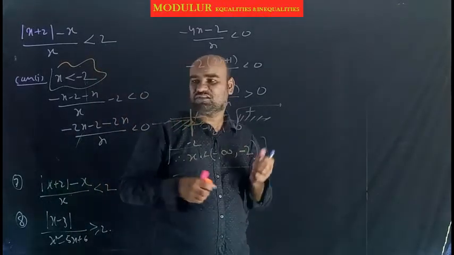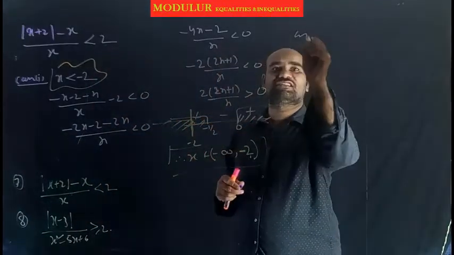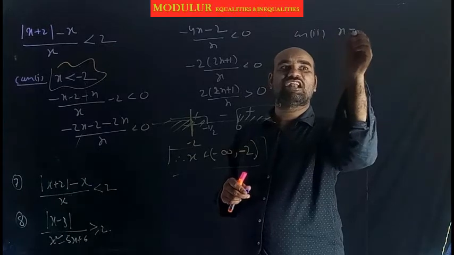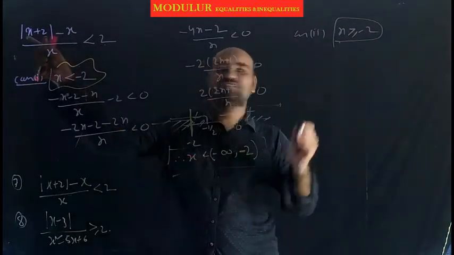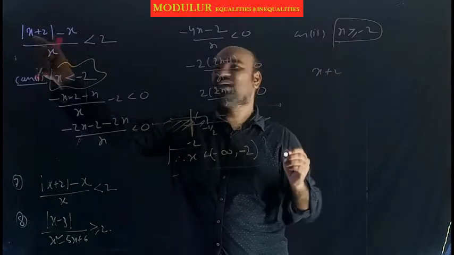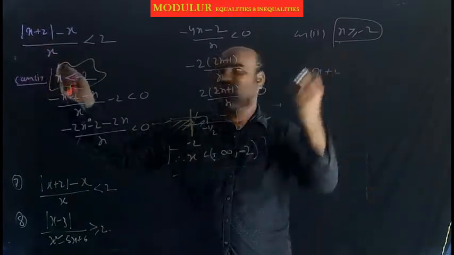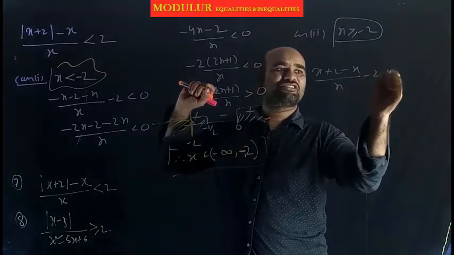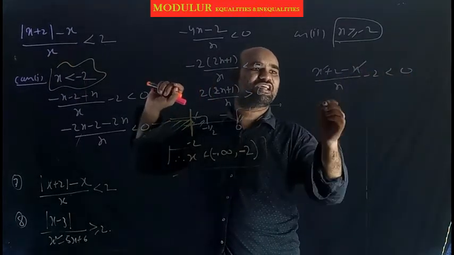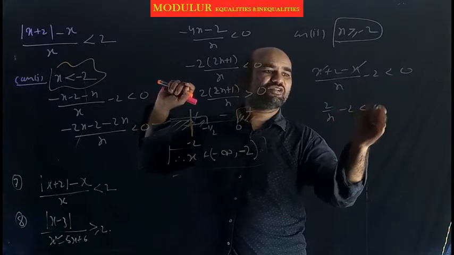Next case I am taking, that is x greater than or equal to minus 2. This gives x plus 2 only. Understood? Mod k equal to k for k greater than 0. Minus x by x minus 2 less than 0. X gets cancelled. 2 by x minus 2 less than 0.